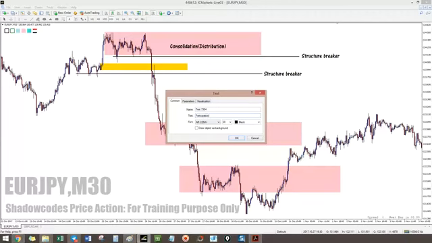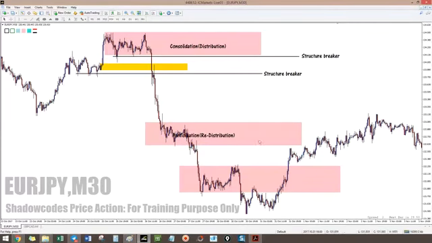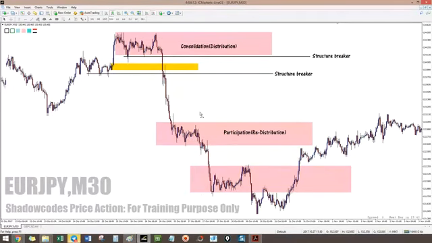Participation or redistribution. So over here, can you take a trade or not? Can. So over here, what do you find? How can you enter?